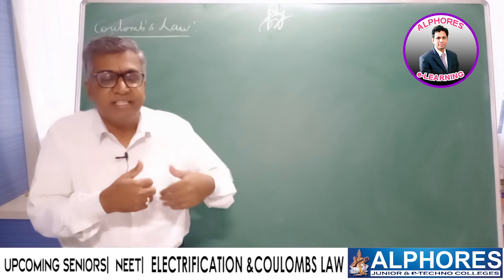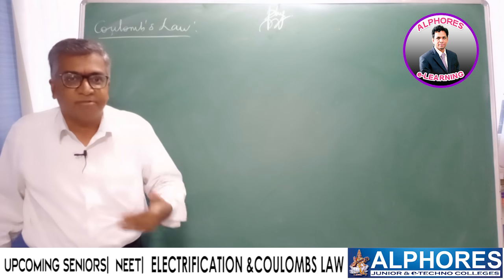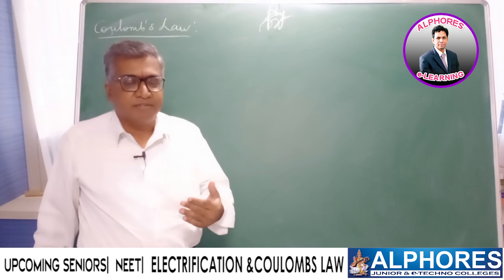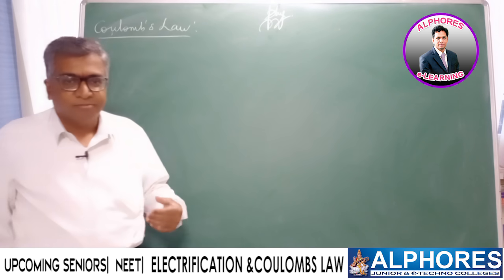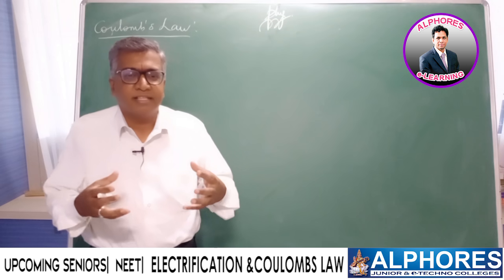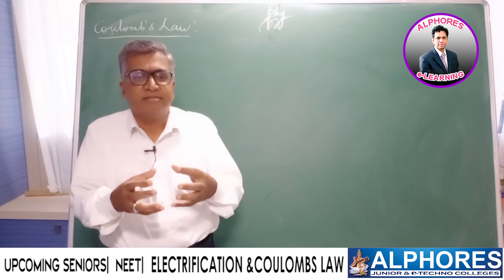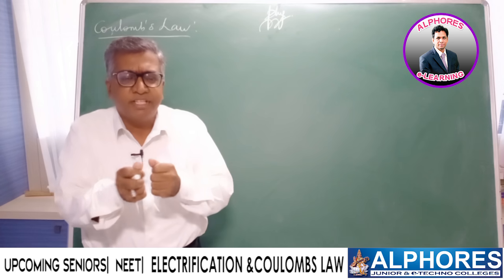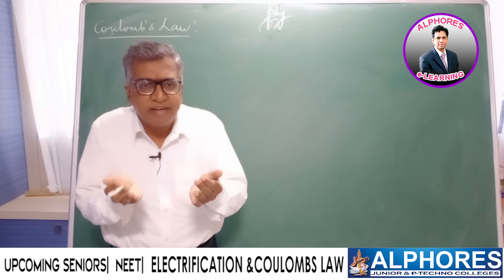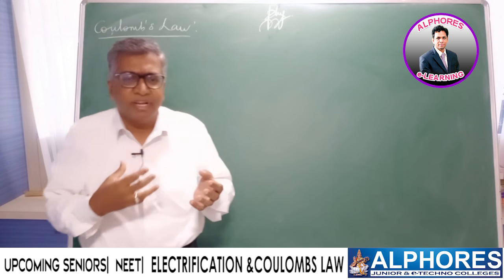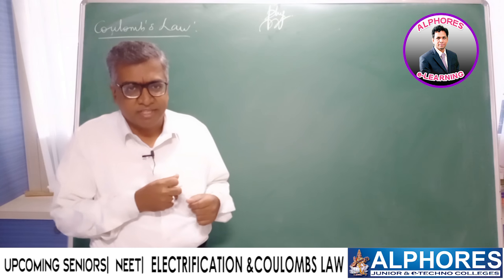So charge is produced by electrification, the first process, when I produce charge by friction. In friction, we have studied, consider two bodies, put them in contact, move relatively. Due to friction, electrons migrate from one body to another body. One body gets positive charge, the other body gets negative charge.